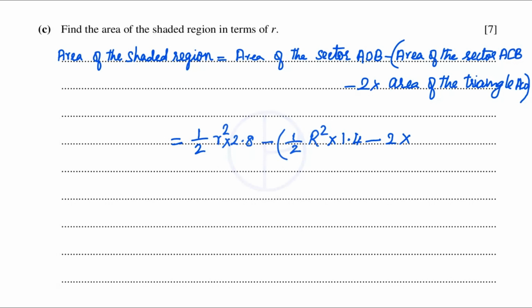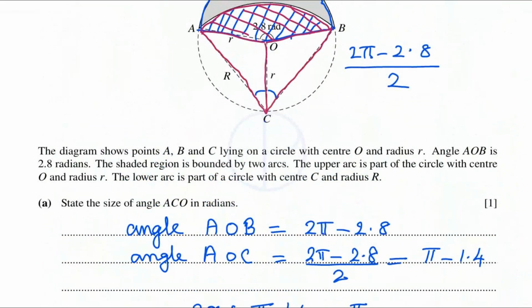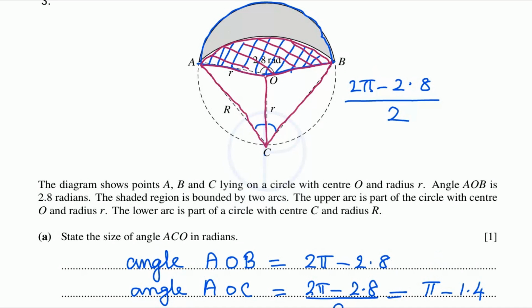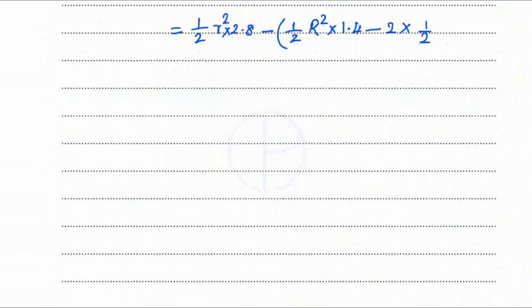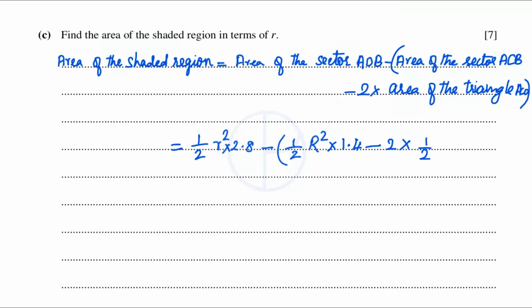The area of the triangle is one half. Let's consider the triangle ACO and this angle which is 0.7. The sides are capital R and small r. So one half multiplied by capital R multiplied by small r sine 0.7.